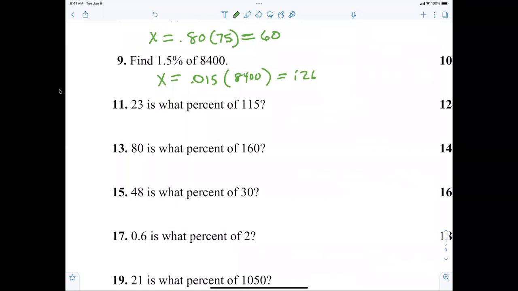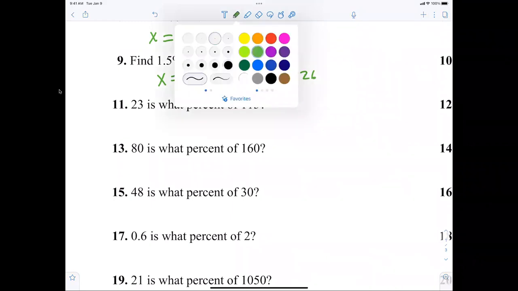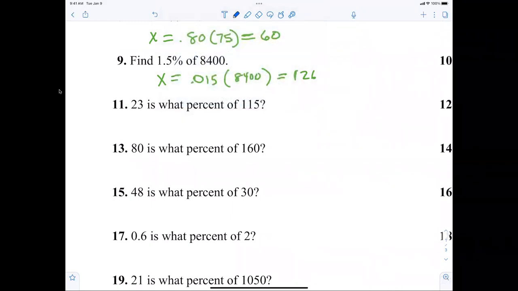I got 126. That's what I want. Hold on, leave him alone. If you can't use a calculator, we're in a little bit of trouble here. Did you get it or not? Okay, I got it. All right, now the next piece of the puzzle, it changes a little bit.